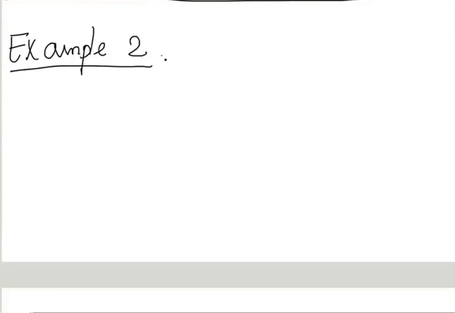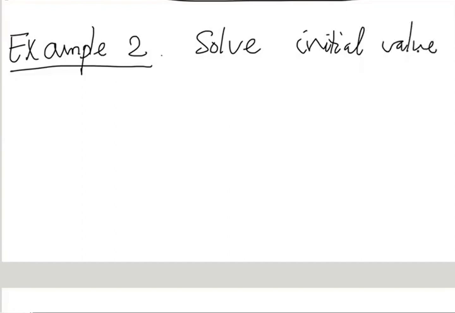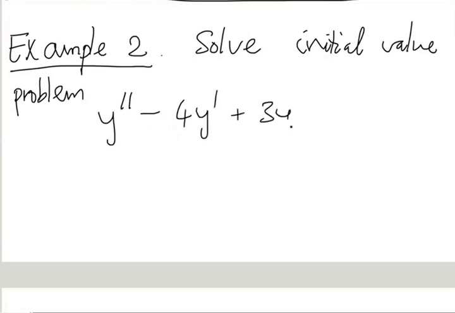Now let's look at another example. Example 2. Solve the initial value problem. y double prime minus 4y prime plus 3y equal to 2e to the 3x.